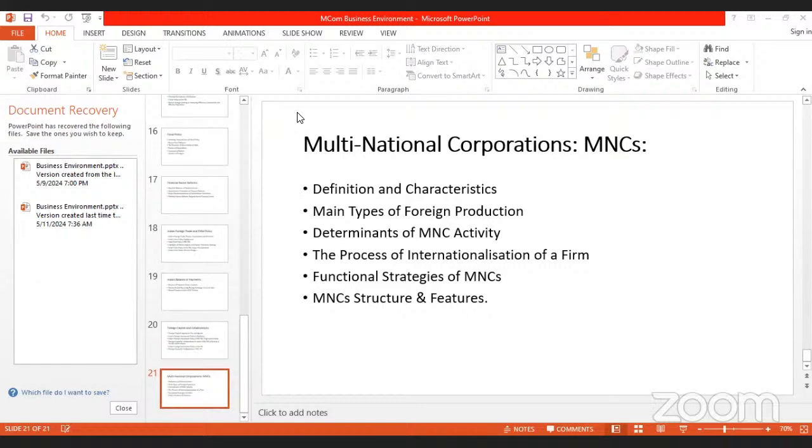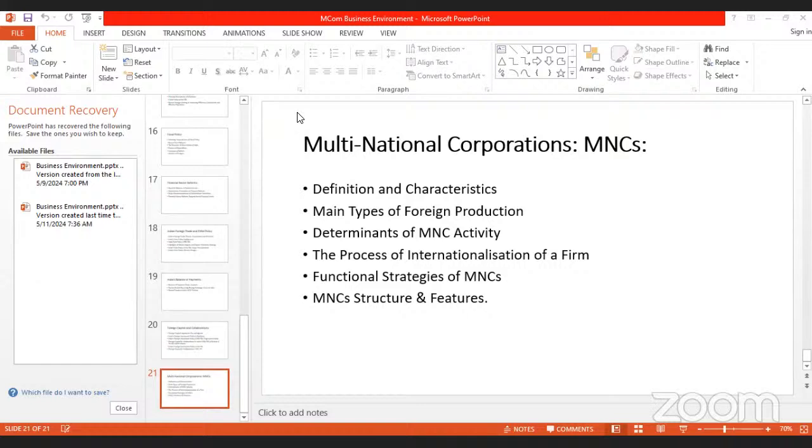Now, next thing is the characteristics. The first characteristic is their global presence. That means they are present globally. MNCs operate in multiple countries, allowing them to access a broader market and resource base. Next is centralized management.